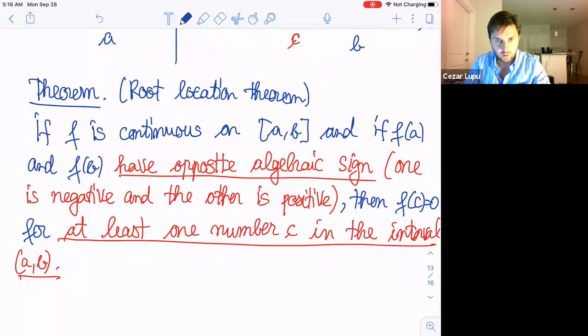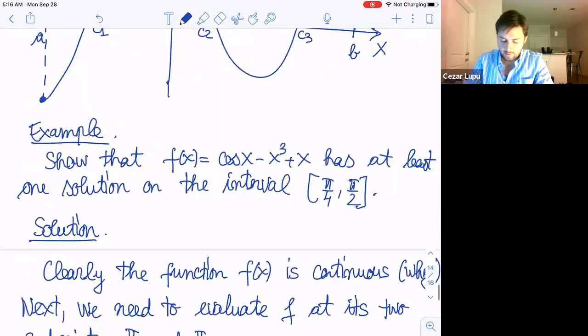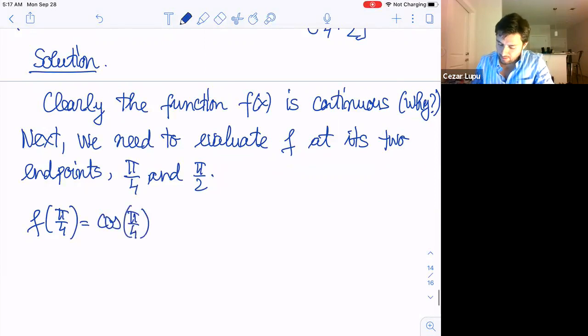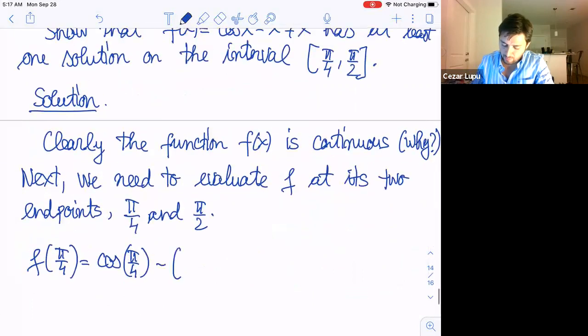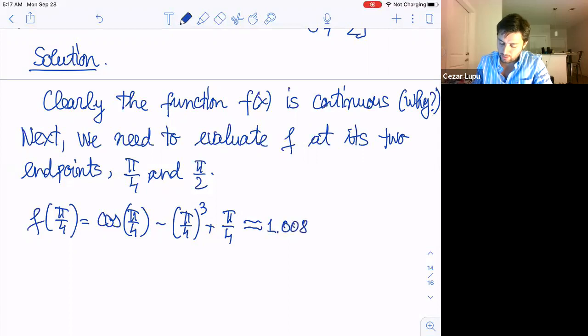All right. So let's apply the root location theorem. So let's see. f of pi over 4 will be equal to what? It will be cosine of pi over 4 minus pi over 4 everything cubed plus pi over 4. Well, according to some computations, this would be approximately 1.008.